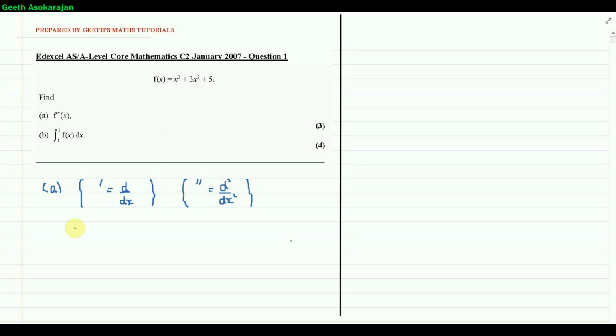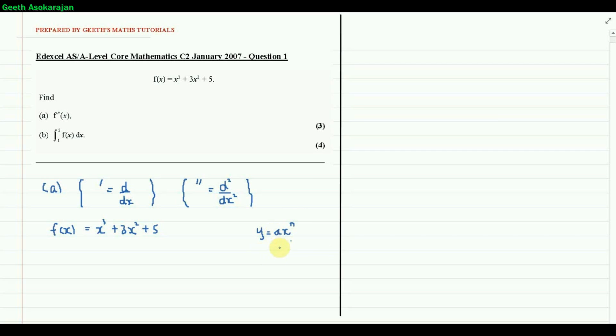So let me copy down the f of x. f of x is defined as x cubed plus 3x squared plus 5. All of these terms are of the form ax to the power n, where a and n are constants.